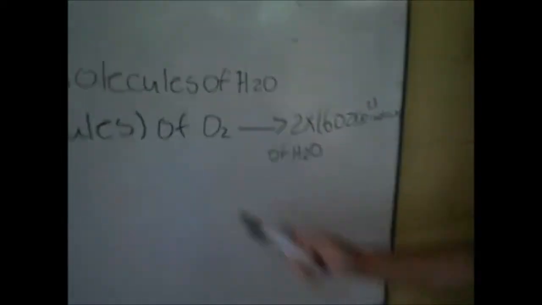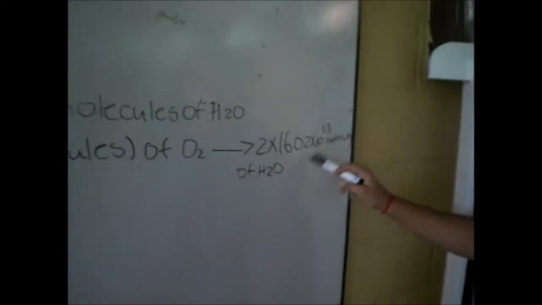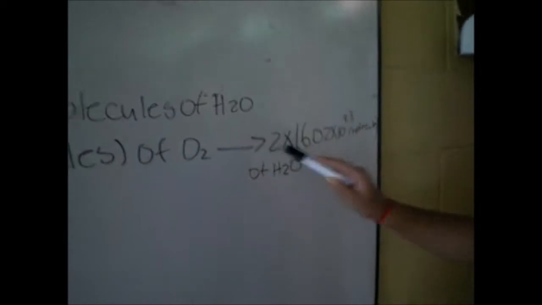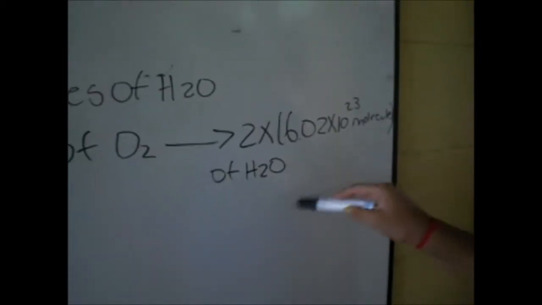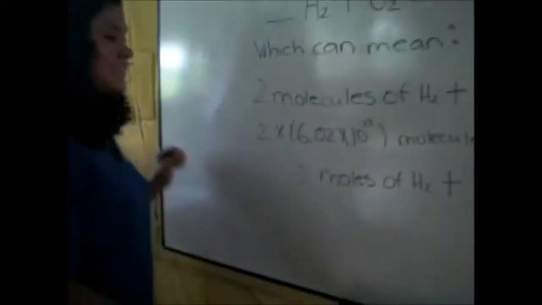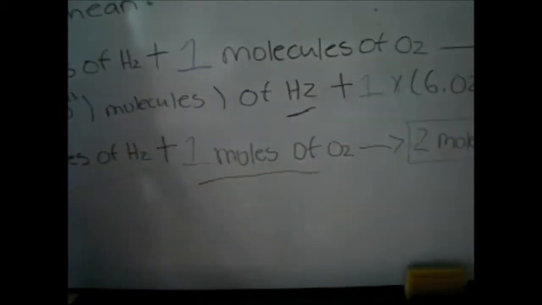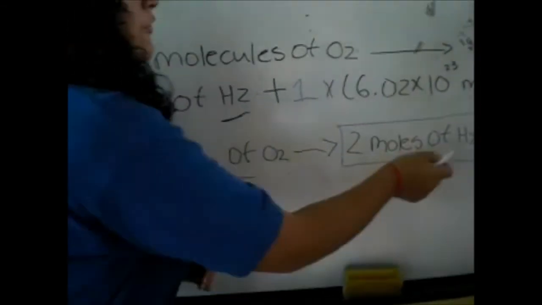So here, once we do that, we combine both of them and we have 2 times 6.02 times 10 to the 23rd power molecules of H2O, of water. Then this gives us 2 molecules of H2 right here, plus 1 molecule of O2. Then we compare them, 2 moles of H2O, and this is our answer. Thank you.